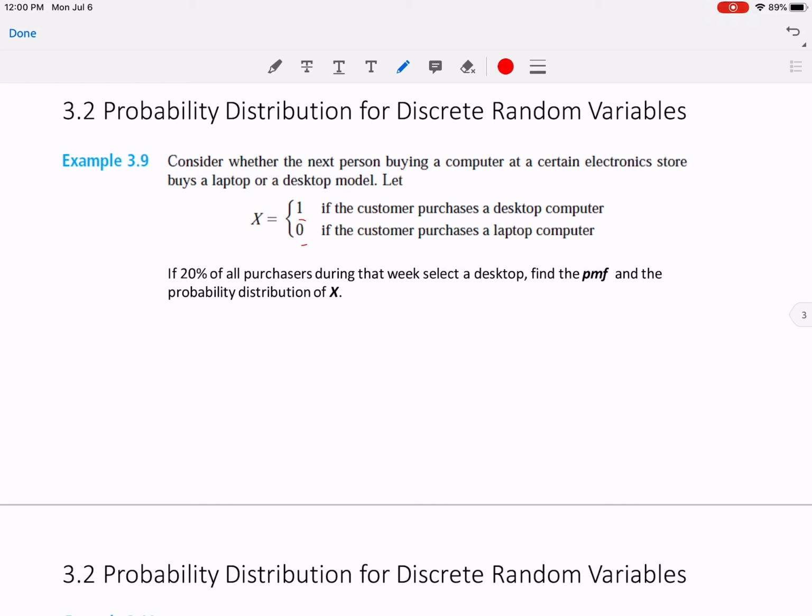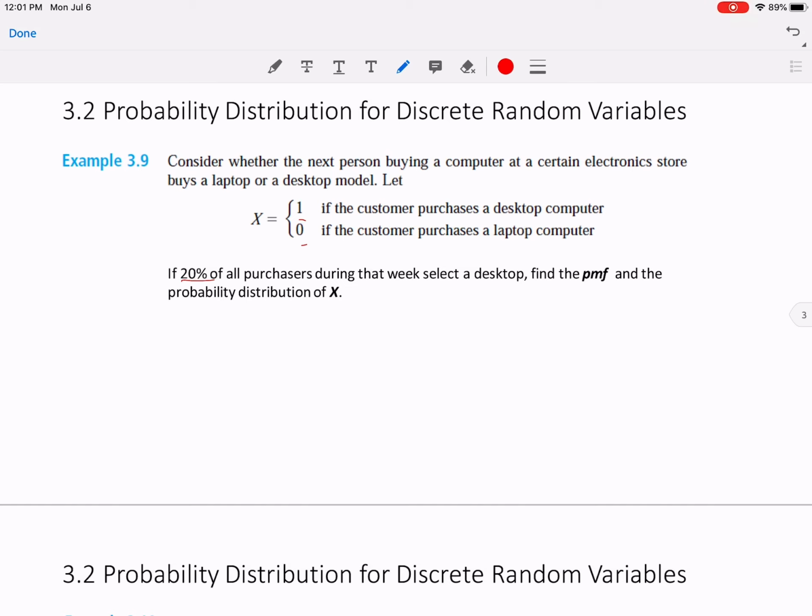The problem says if 20% of all purchasers during that week select a desktop, find the PMF and the probability distribution. So in this example, I'm going to show you how to find both the PMF, which is the probability mass function, and the probability distribution.